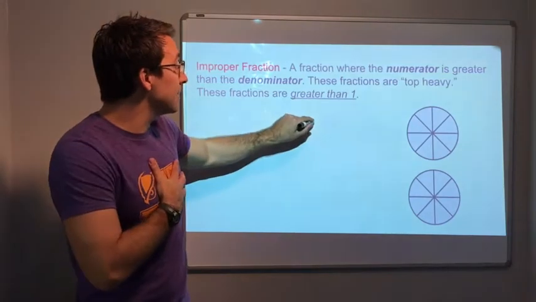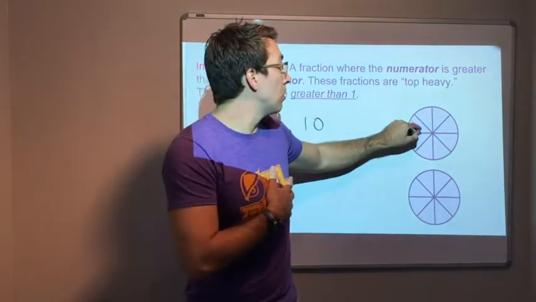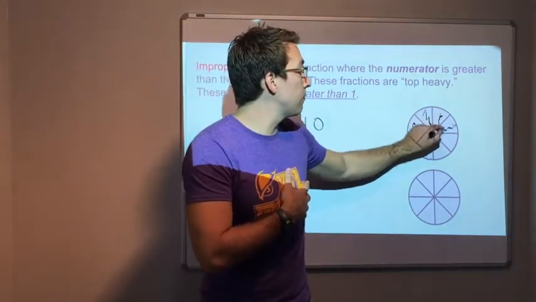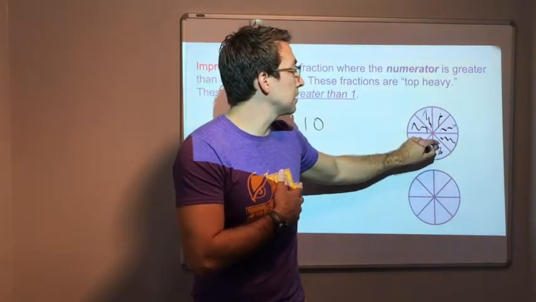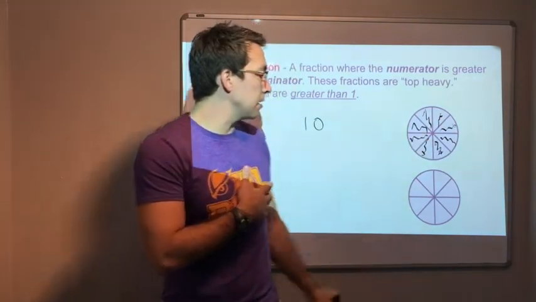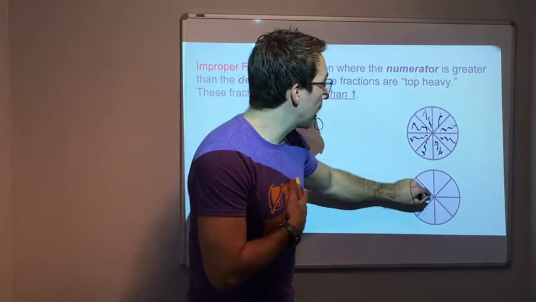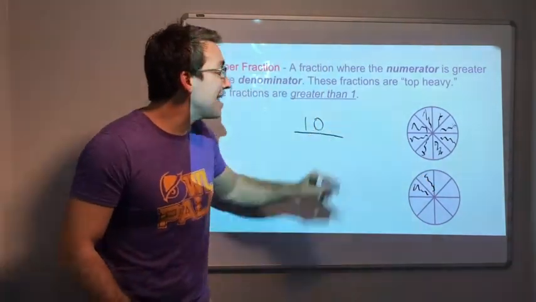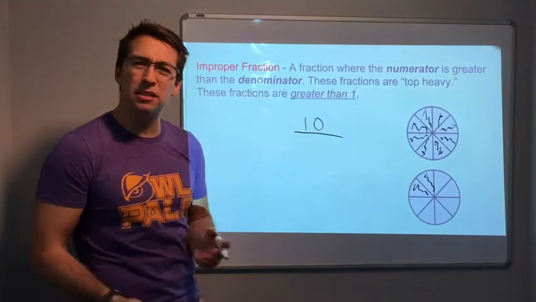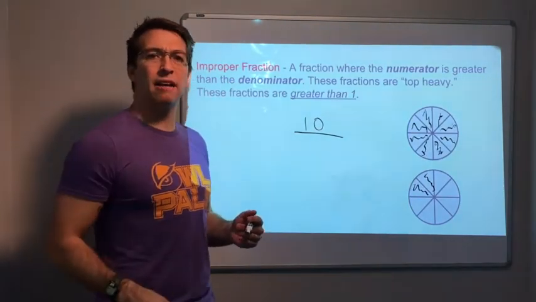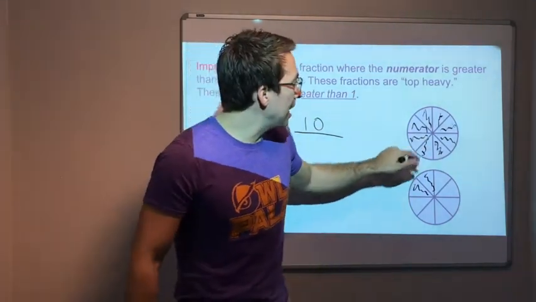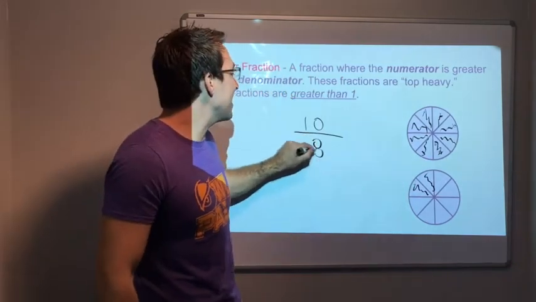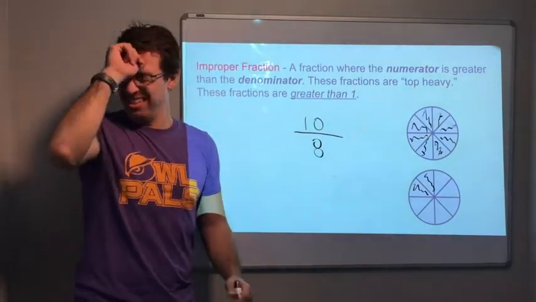So I ate 10 pieces. 1, 2, 3, 4, 5, 6, 7, 8, 9, 10. Whoa, I had 10 pieces. And how many pieces does one pizza have? One pizza has 8 pieces. So I had 10 eighths.